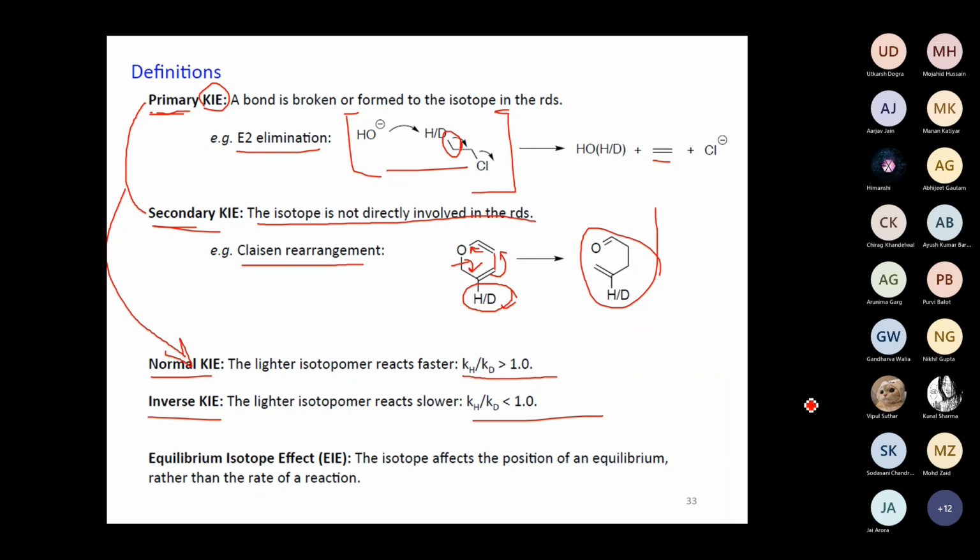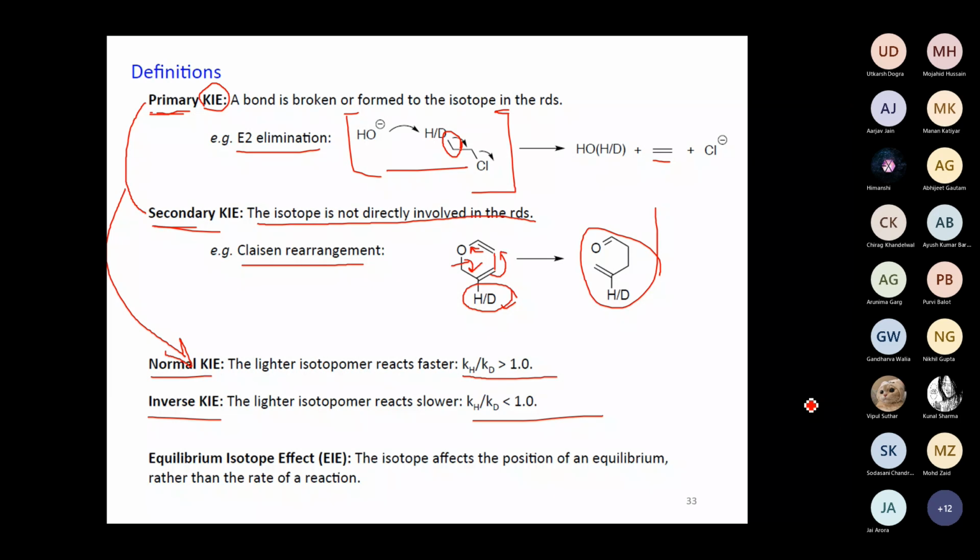Tomorrow I will first discuss the origin of the kinetic isotope effect. The first question will come: hydrogen and deuterium are the same element, the atomic number is the same, only one neutron. How does it affect the rate of the reaction?